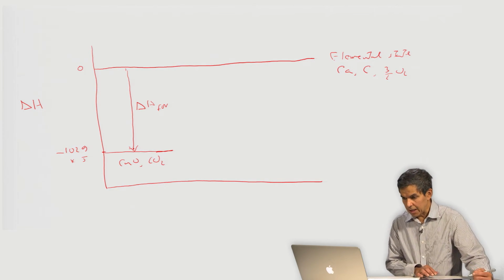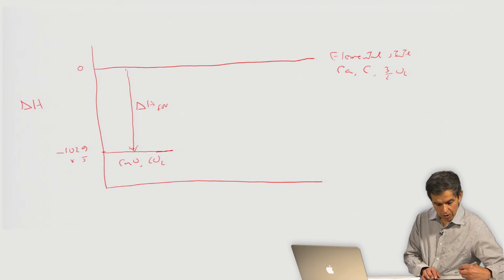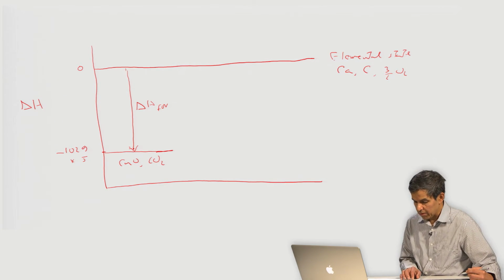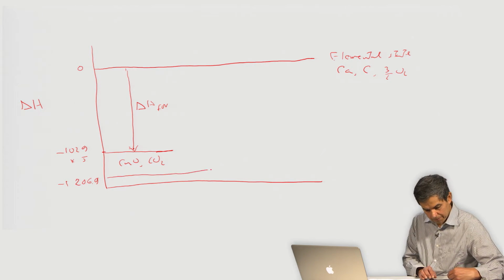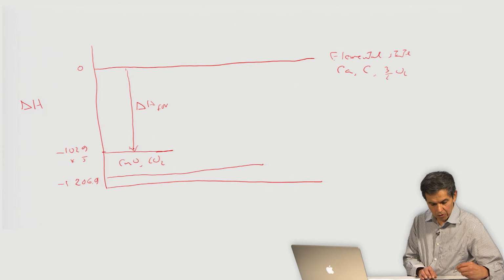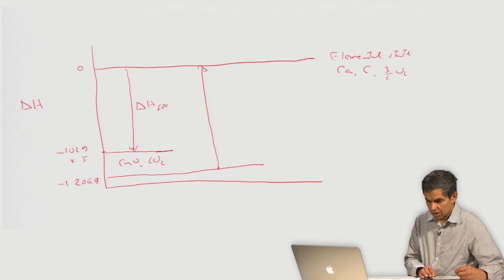We also have the delta H of dissociation. We determined that it has a value of minus 1,206.9 kilojoules, and is lower than the other one. So delta H of dissociation corresponds to a transition that goes from the initial state to the elemental state.